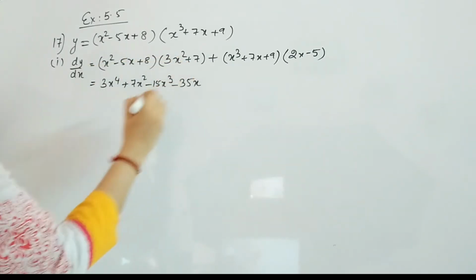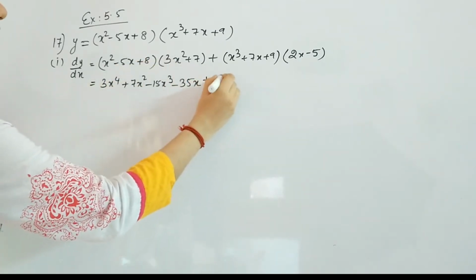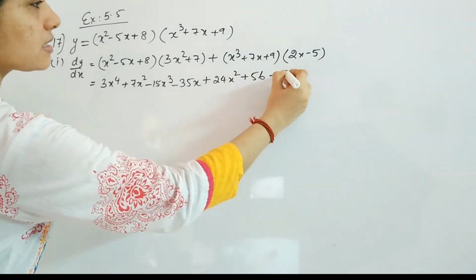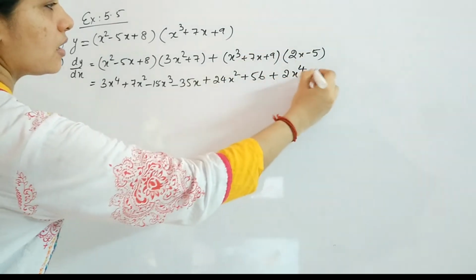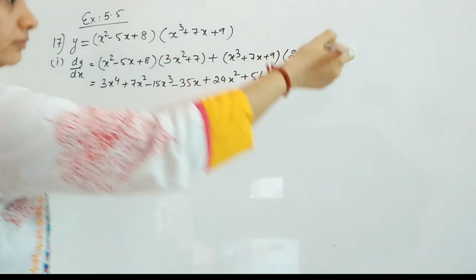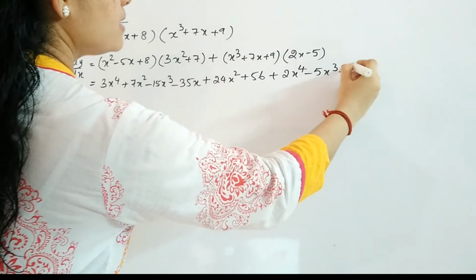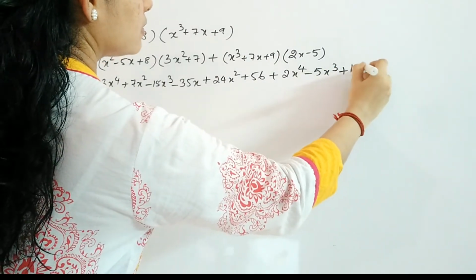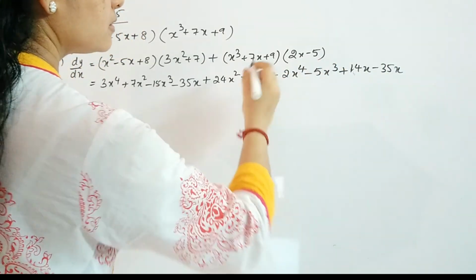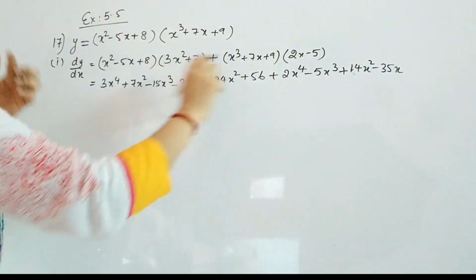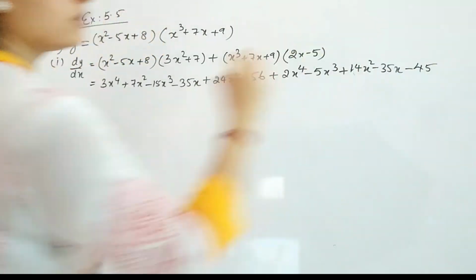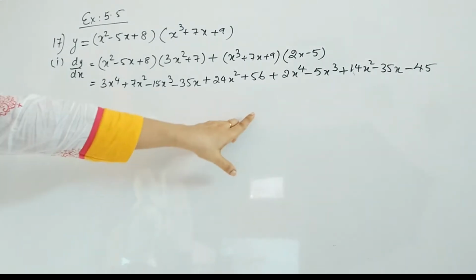minus 35x plus 24x square plus 56 plus 2x raised to 4 minus 5x cube plus 14x square minus 35x and minus 45.